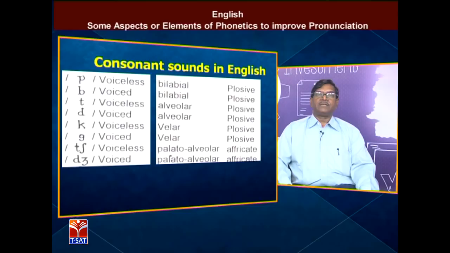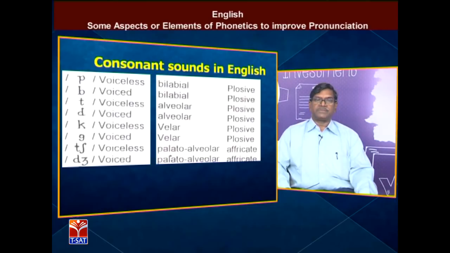P, B, T, D, K, G. These six sounds are called plosives because air comes out all of a sudden. Then comes ch, j. So, air comes out slowly. And in these two also, ch is voiceless, j is voiced.